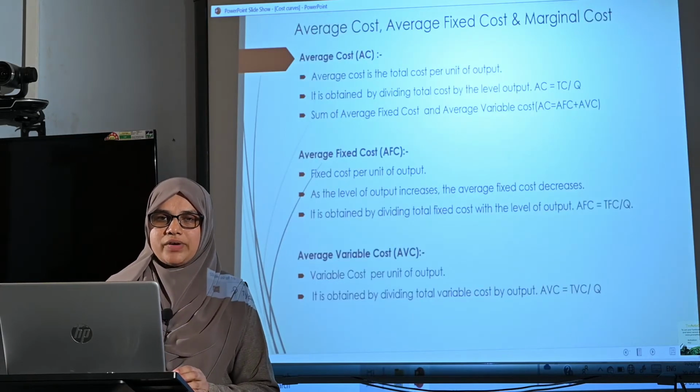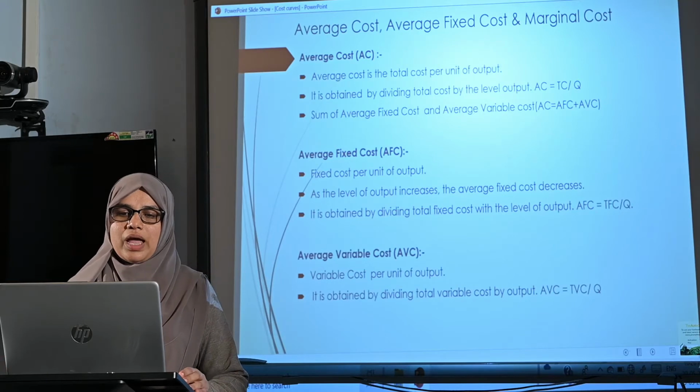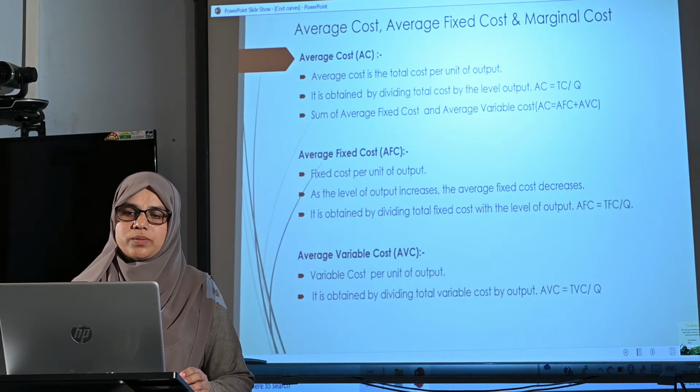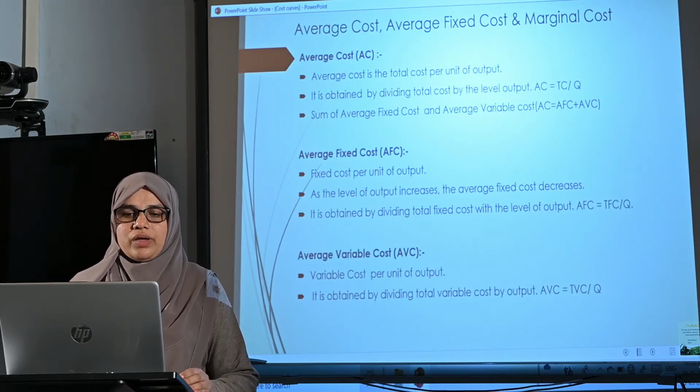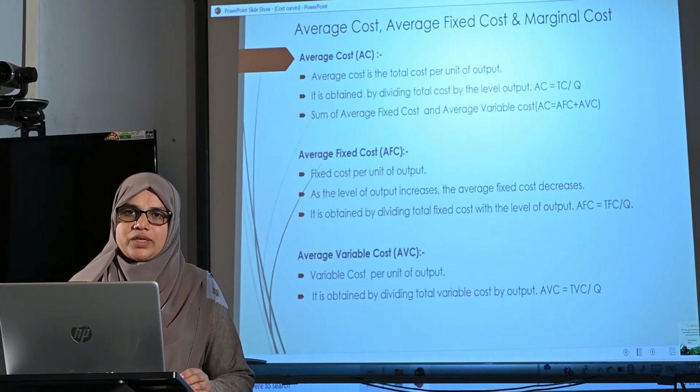Next, see average cost. Average cost is the total cost per unit of output. Average cost is obtained by dividing the total cost by the level of output. Average cost is the sum of average fixed cost and average variable cost.